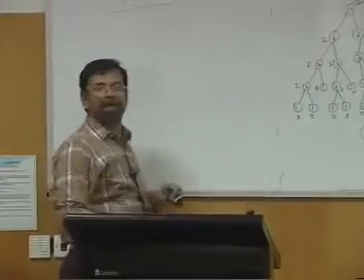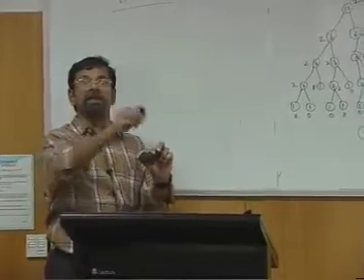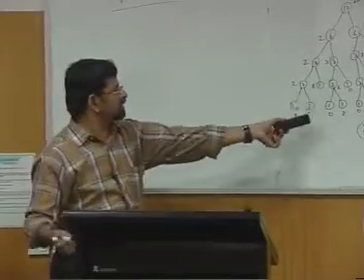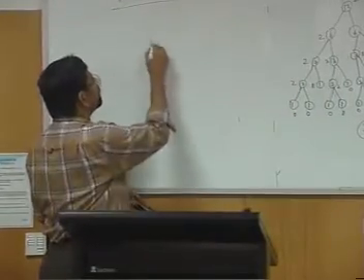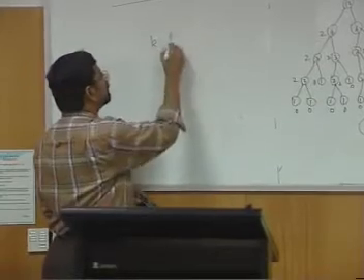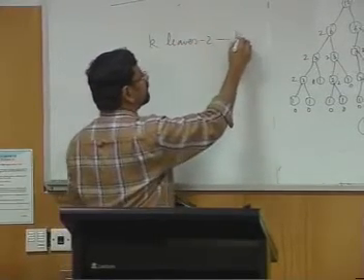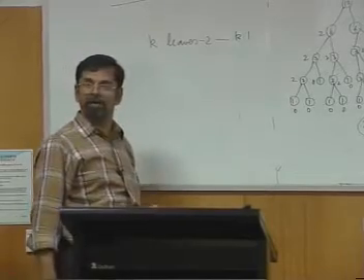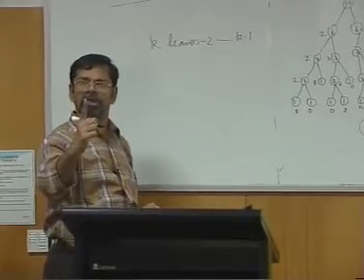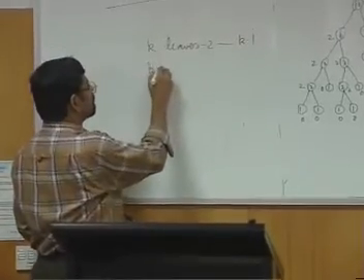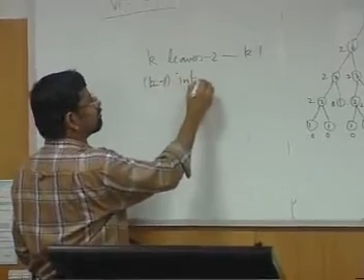If n equals 2k, how many leaves each having 2 will be there? Just now we have seen there will be k leaves each having 2. So how many comparisons will be done? k into 1, because each is a 2 leaf. And how many internal nodes? k minus 1 internal nodes.